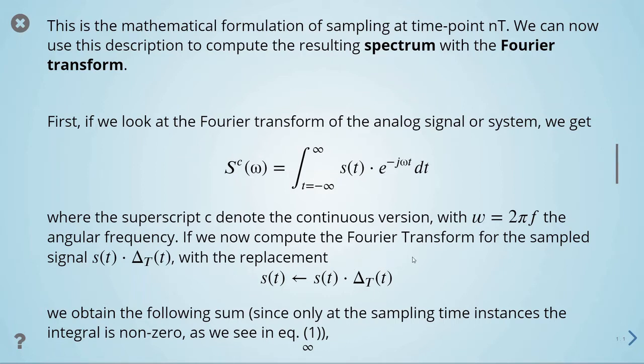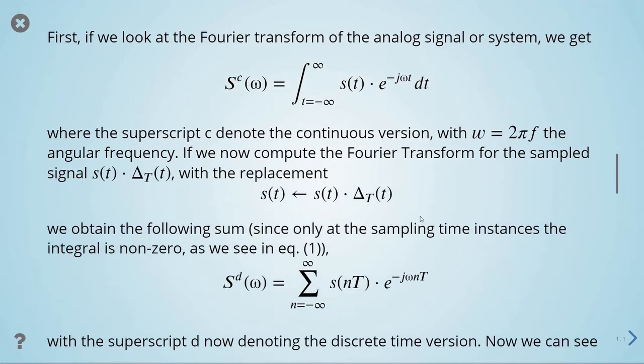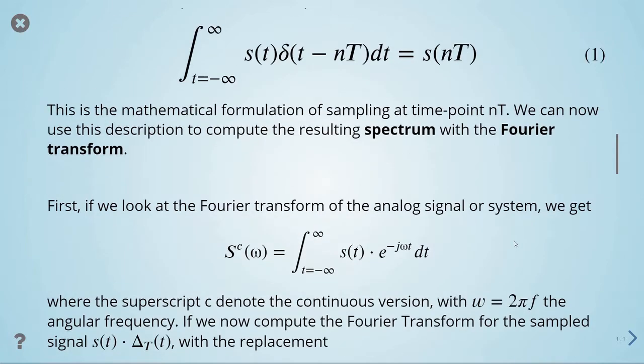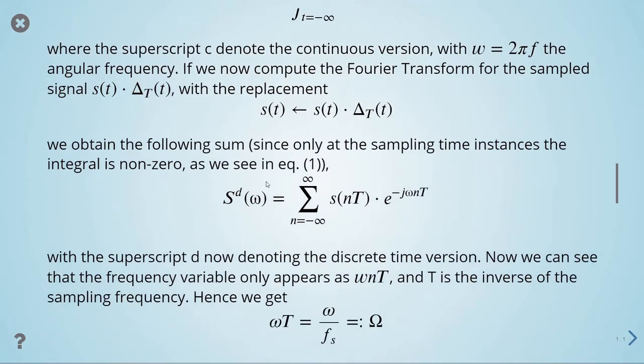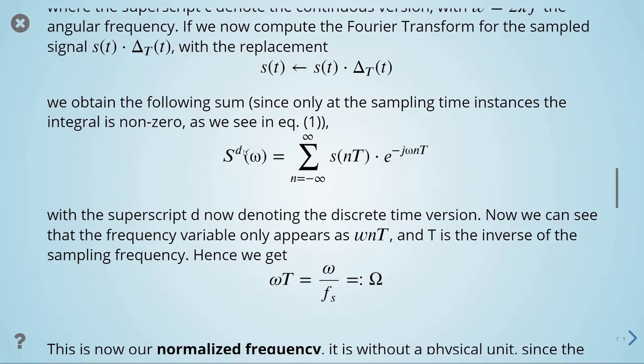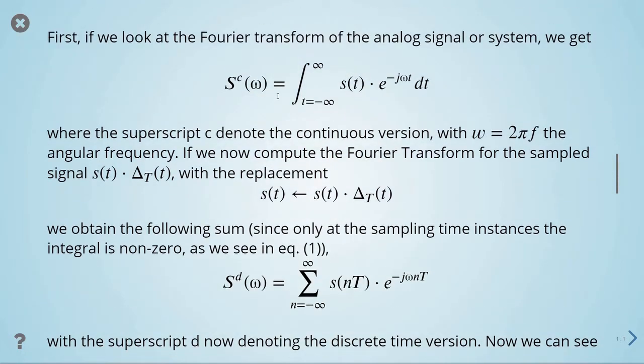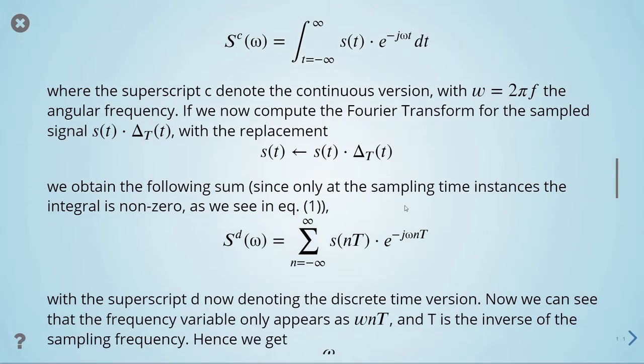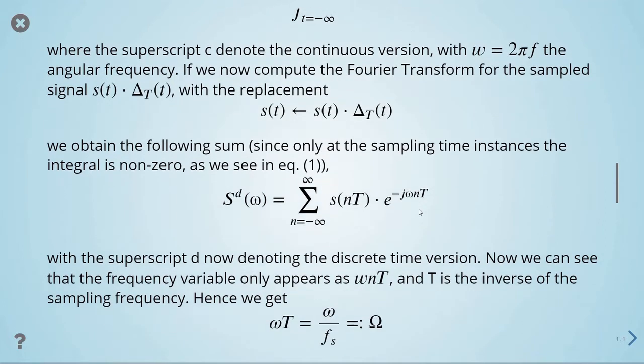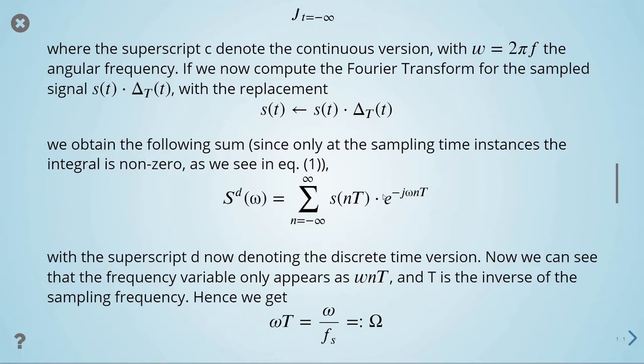Because only at the sampling time instances is the integral non-zero, we obtain this sum. The superscript d now denotes the discrete version. So we went from the continuous version to the discrete version, and from an integral to this sum.